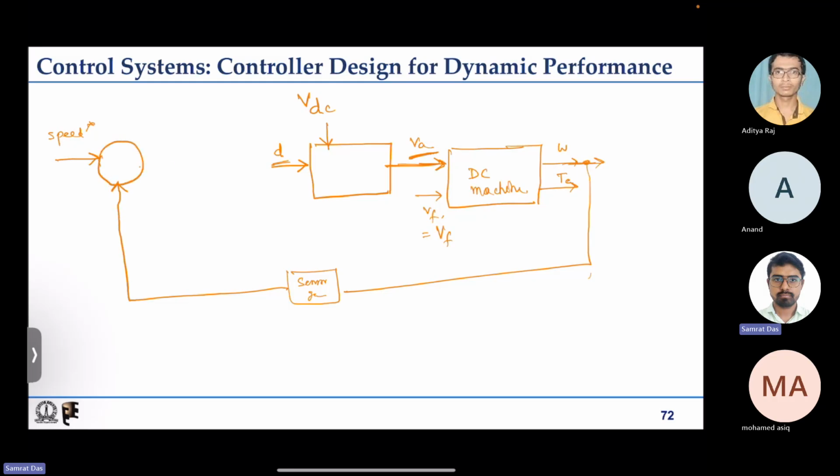So we can have a system like this, where there will be some controller which gives this duty ratio as the output. Now we will see how to design this controller for proper current control and speed control. That will be the next objective that we will eventually realize.